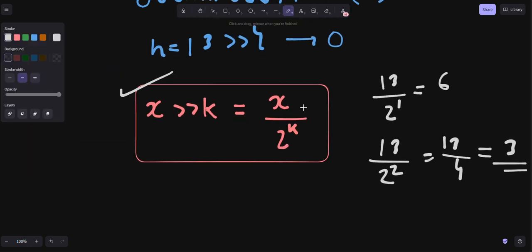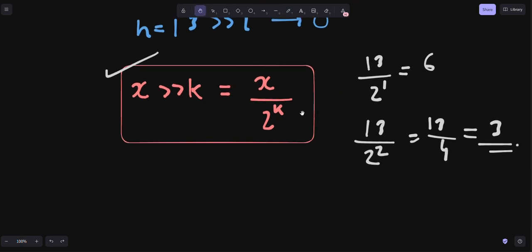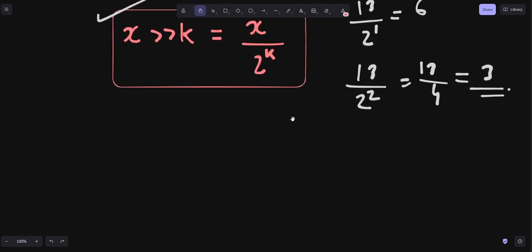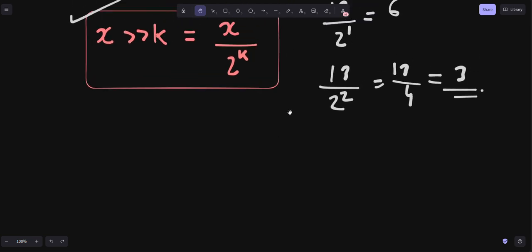Really important: if you want to divide any number, you can just shift it by k, according to the need. So this is one conclusion which we got, and you can also prove this mathematically. I can show you that, but I guess that's not much of a priority right now, so we'll be moving ahead.